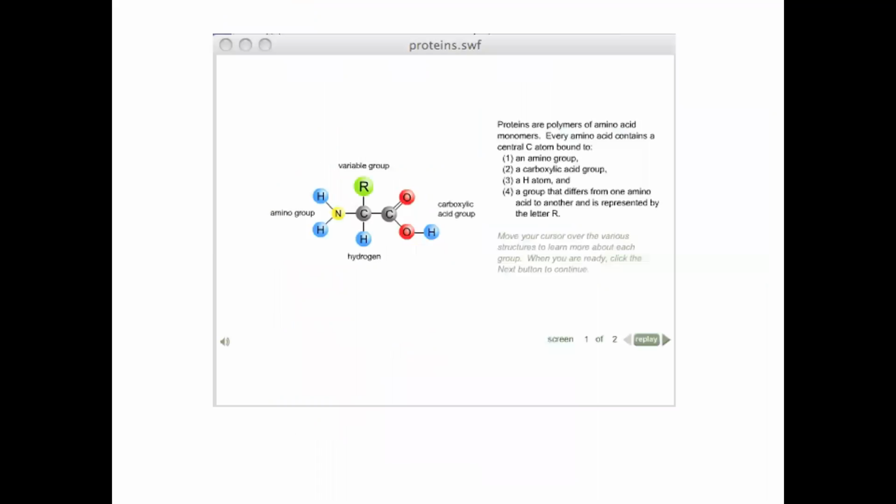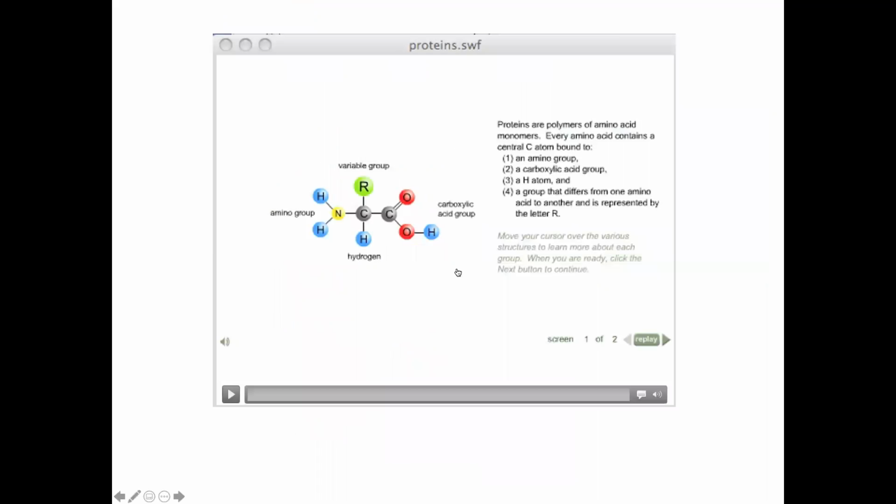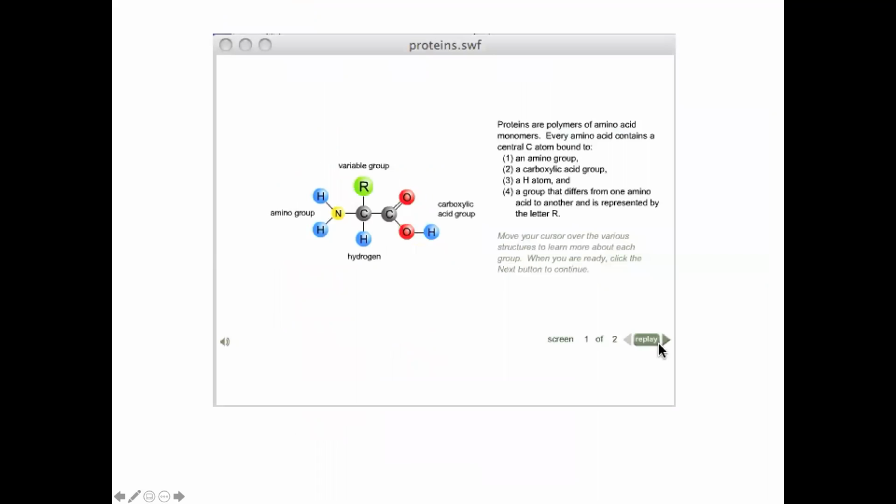Okay, so this is a look at how the proteins are built. Proteins are polymers of amino acid monomers. Every amino acid contains a central carbon atom bound to 1. An amino group, 2. A carboxylic acid group, 3. A hydrogen atom, and 4.